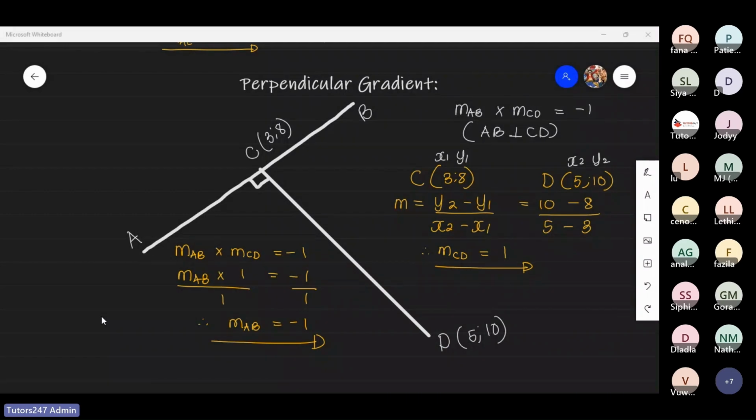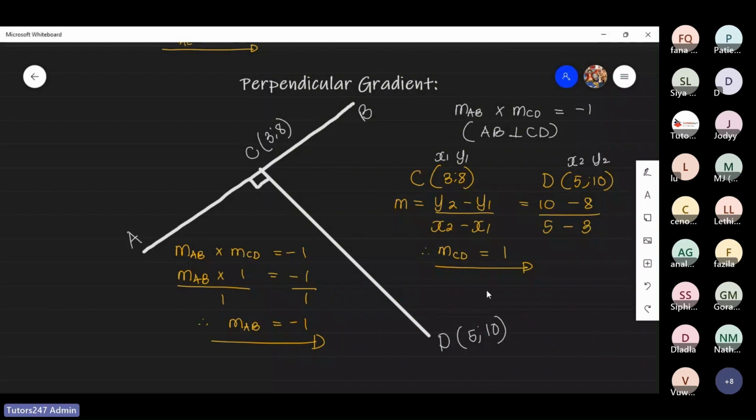If the answer that you got was -1, then you conclude, therefore, AB is perpendicular to CD. If you are being asked to prove, take note that you do not work on the initial assumption that they are perpendicular. You are trying to find out, because you could find that in certain cases they might not be perpendicular. So be careful with that. Don't automatically use the formula. First, find the gradient of the first line, find the gradient of the second line, multiply them. When multiplied, if you end up with -1, then conclude, therefore, they are perpendicular.